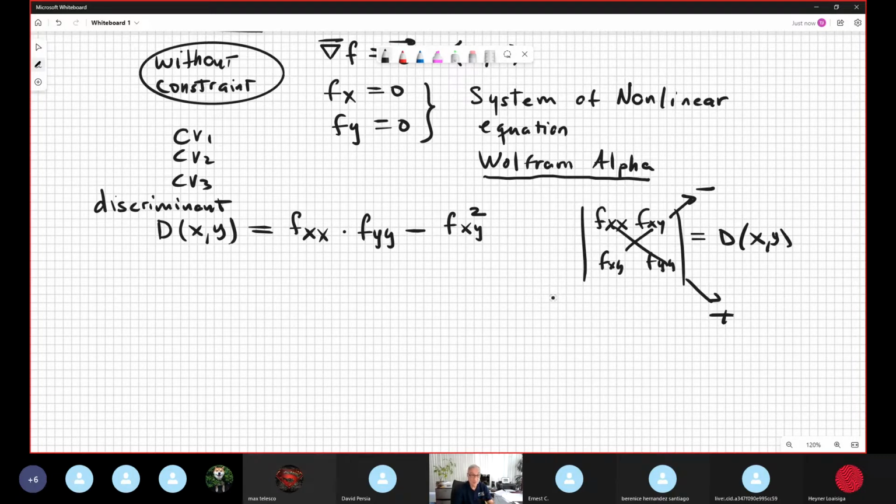When you get this discriminant, if the discriminant evaluated at the specific point, I want to investigate. Remember, we have different points. I need to evaluate one by one.